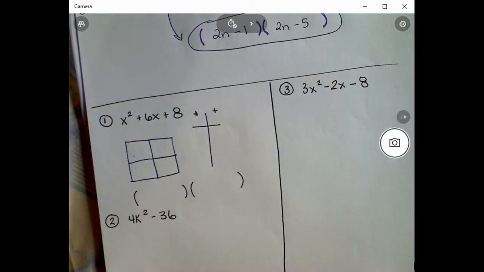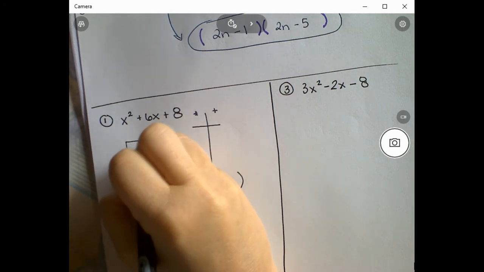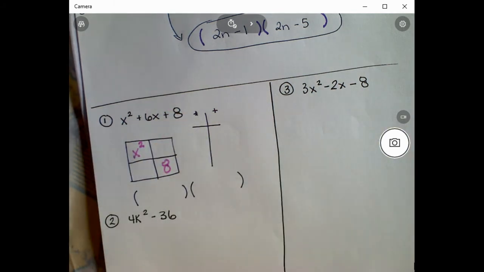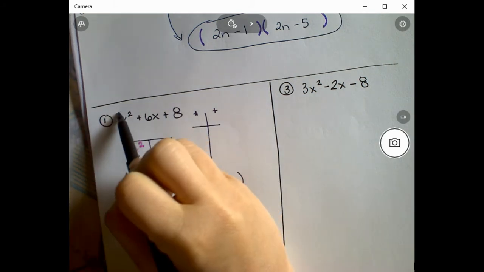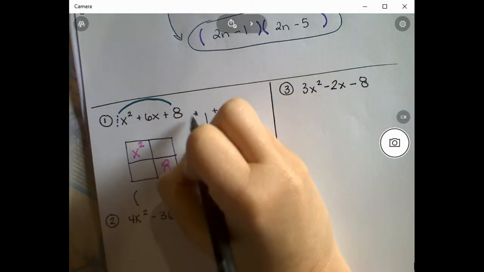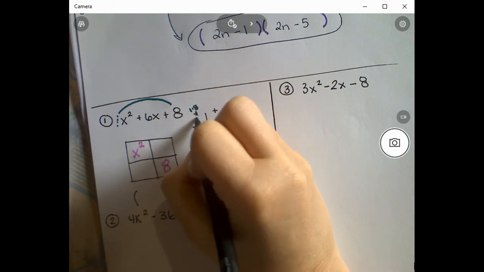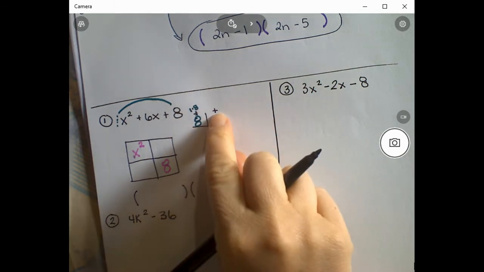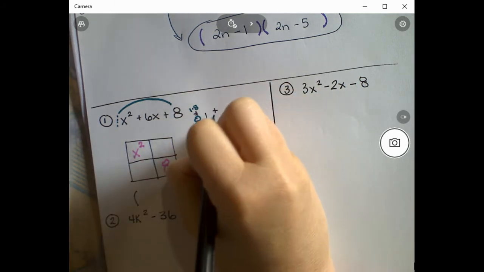All right, we're going to fill in the boxes. So this one is going to be x squared, and this one will be 8. In order to fill in our chart over here, we're going to multiply the first times the last, keeping in mind you have an implied 1. 1 times 8 is 8. This one is the middle term.